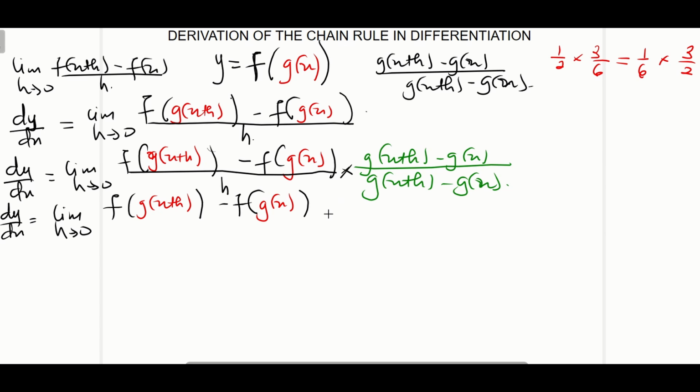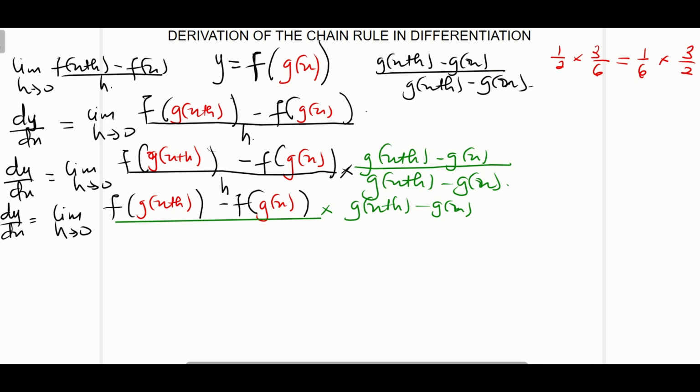Now we are swapping the denominators, but first let's bring this guy. This is multiplying my g of x plus h minus g of x, but we know that the whole of this guy, we are shifting the denominator. So here, instead of h, we now bring the whole of this. So this guy shifts here while this guy also shifts there.